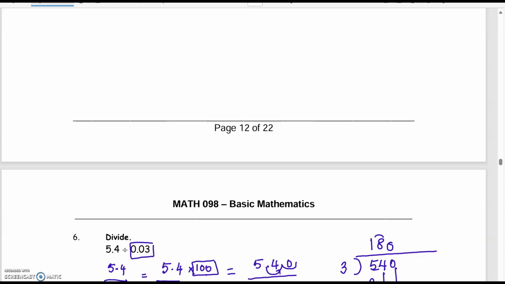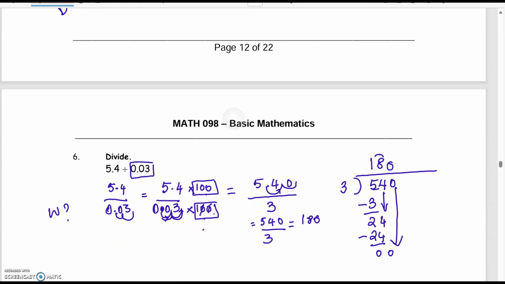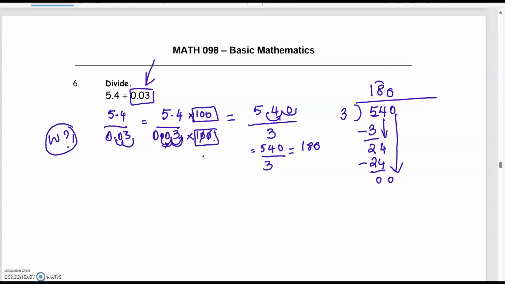So those are the three things. Division, that was the first thing we did. And division specifically if the number is not a whole number. Just remember this technique. You have to make it a whole number without changing the value of the fraction.